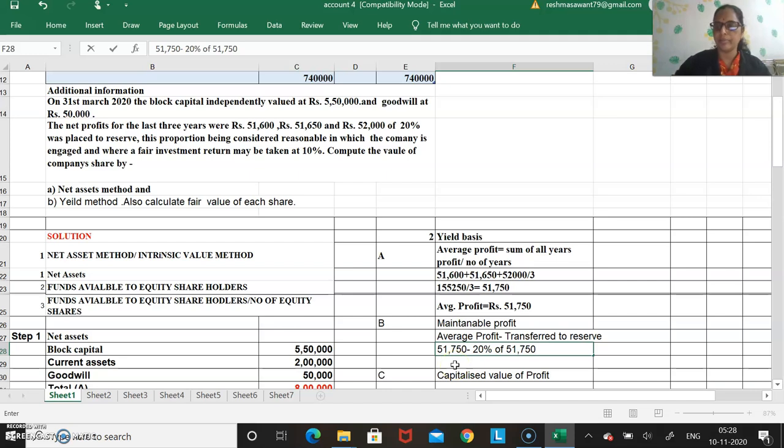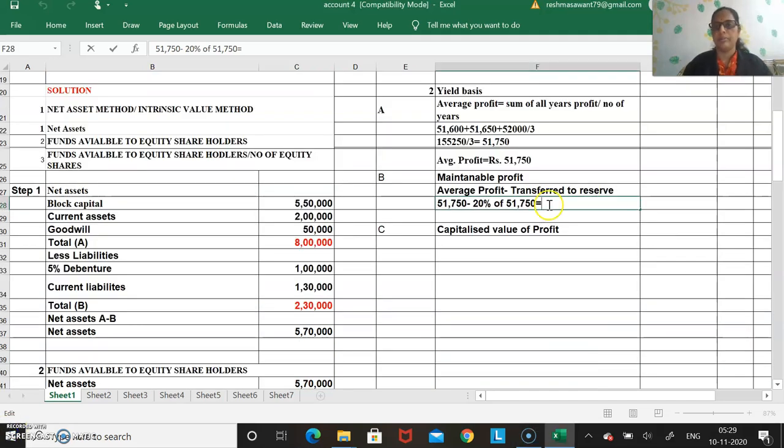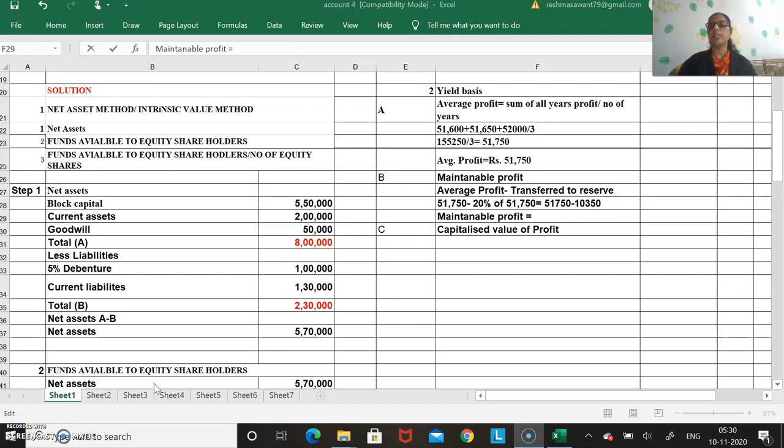So the answer is 51,750 minus 10,350. So the maintainable profit is equal to rupees 41,400.